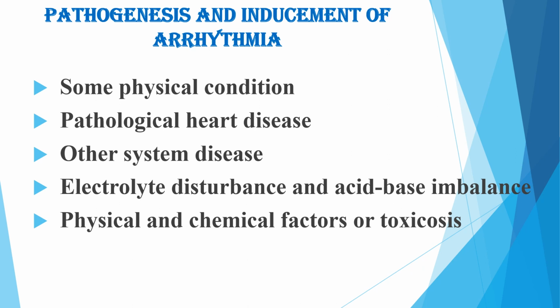Then pathological heart diseases like myocardial infarction, heart failure, cardiomyopathy, and so on, lead to arrhythmia. Then diseases of other systems, that is, diseases in other vital organs, can also lead to arrhythmia. Then electrolyte disturbances and acid-base disturbances.